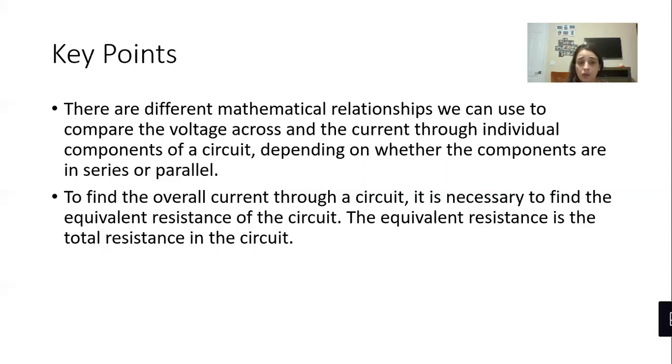And then to find the overall current through a circuit, it is necessary to find the equivalent resistance of the circuit. And the equivalent resistance, again, this vocabulary word means it's just equal to the total resistance in the circuit. Right? So we did this already in the two problems that I modeled. First, we found what the total resistance of the circuit was. And then once we found the total resistance, we were able to find what the total current was.